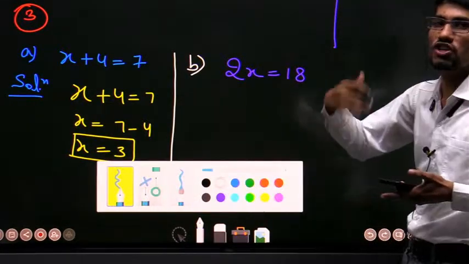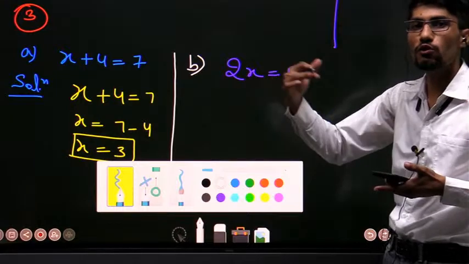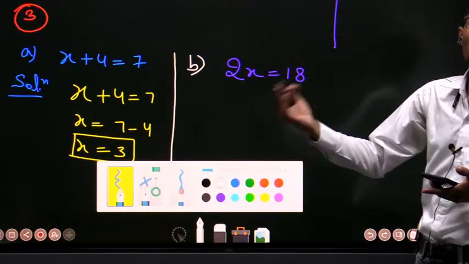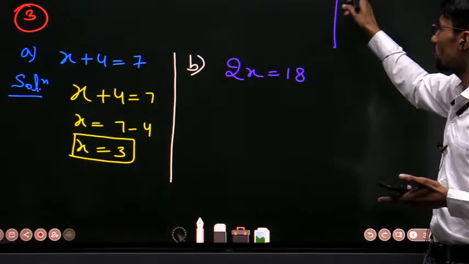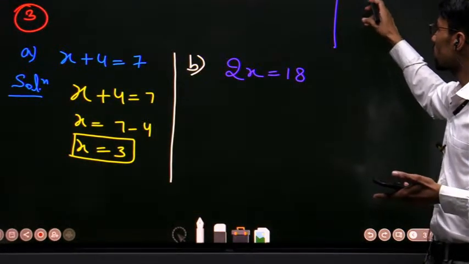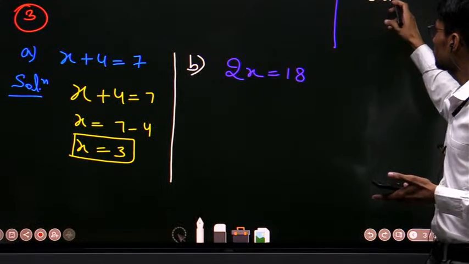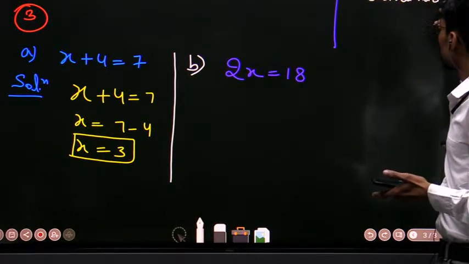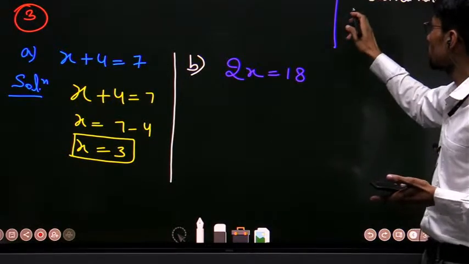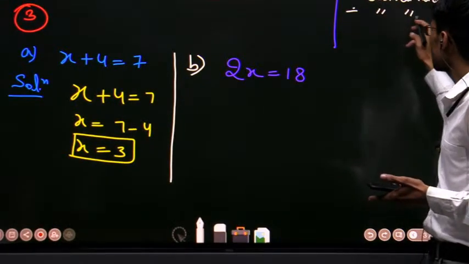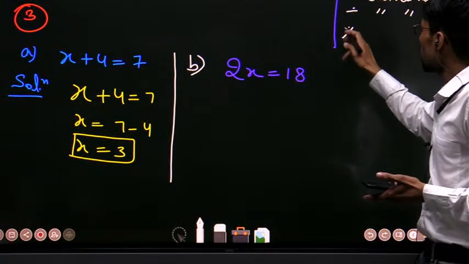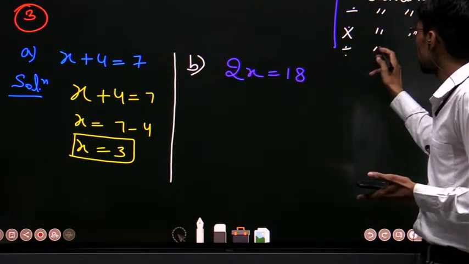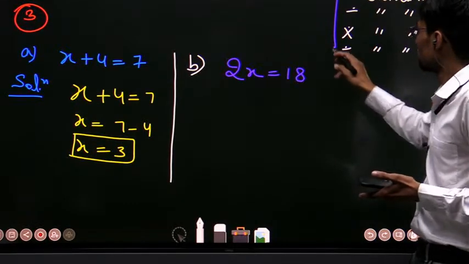When we have to change the side, what sign conversion is there? Plus is converted into minus, minus is converted into plus, multiply is converted into divide, and divide is converted into multiply.